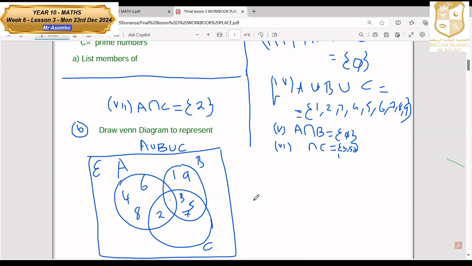So draw it first. Draw it first. Marwa, you finish? No. Okay. Draw first that one.